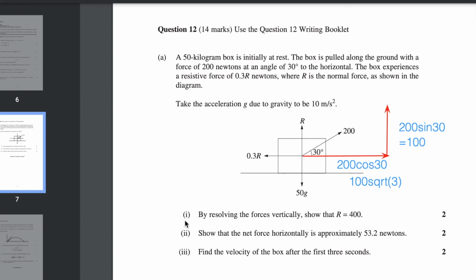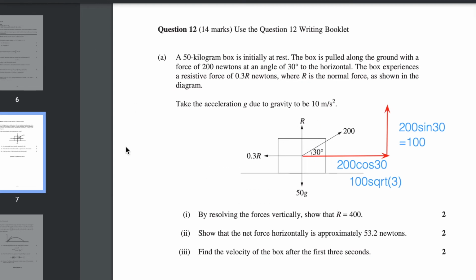In part 1, it says by resolving forces vertically, show that R is equal to 400. If we consider our vertical forces, we have this downwards force of 500 newtons. Remember, mass times acceleration, so 50 times the gravity.